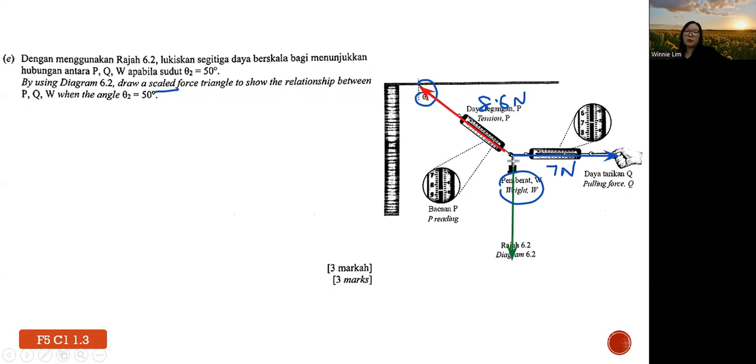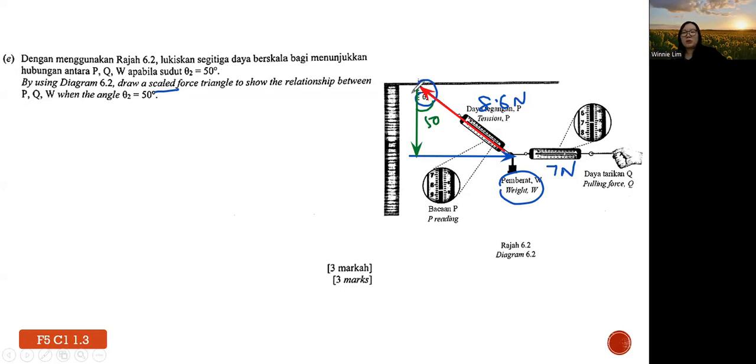So what you are supposed to do is rearrange the 3 forces into a triangle. I move this to here, I move this to here. You see, you complete a triangle already. Can you see the idea? I move it like that because it is easier for you to capture the position of the angle. You can draw another triangle as well, but maybe you will be confused about the location.